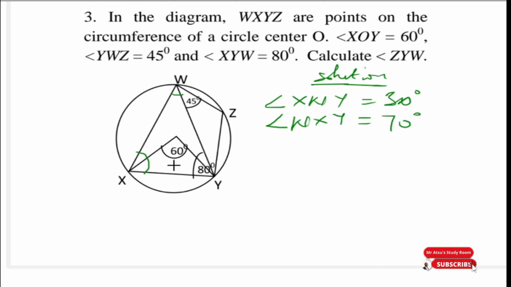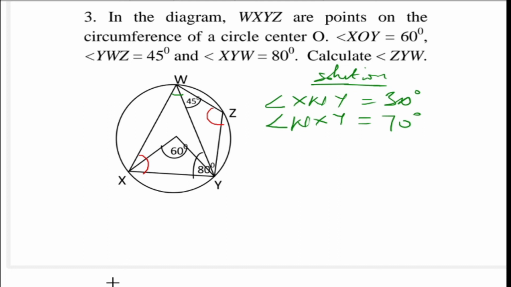So after finding that one, then again we come to the theorem that talks about the cyclic quadrilateral. And as we said earlier, quadrilateral WXYZ is a cyclic quadrilateral. So it means that this angle and this angle are also supplementary, because they are the opposite interior angles of that cyclic quadrilateral.